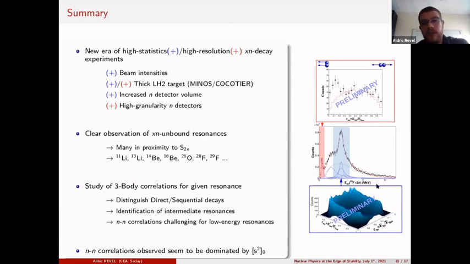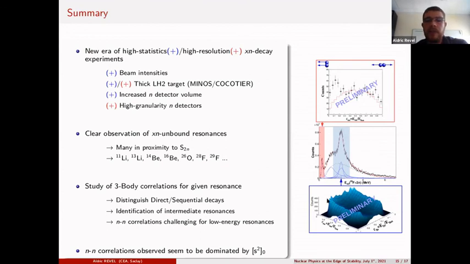So here in the case of fluorine 28, in red, we have the correlation observed for the low energy resonance, but if we go to around 2 MeV, where we also have resonances, and we look at those correlations, we see a strong signal which is typical of a sequential decay, where we have those ridges along epsilon FN.